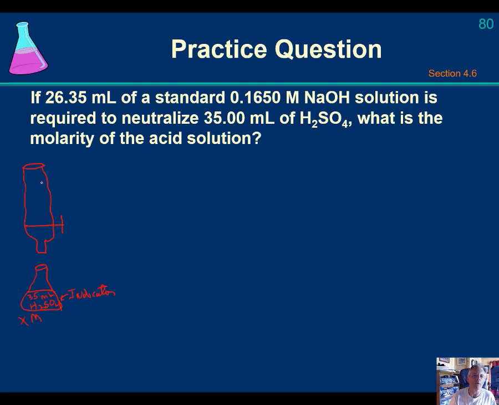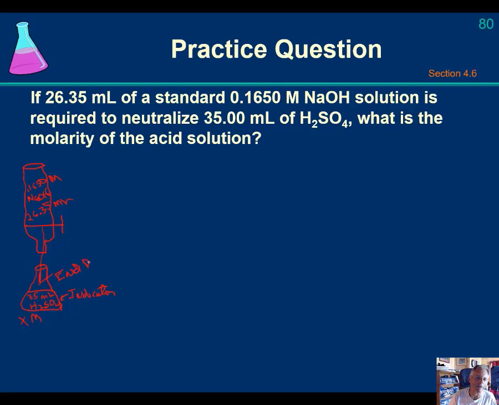Okay? Let's see, what do we have in here? We've got sodium hydroxide. It's 0.1650 molar, and it takes 26.35 milliliters of adding this to our unknown sulfuric acid solution to get to the end point.